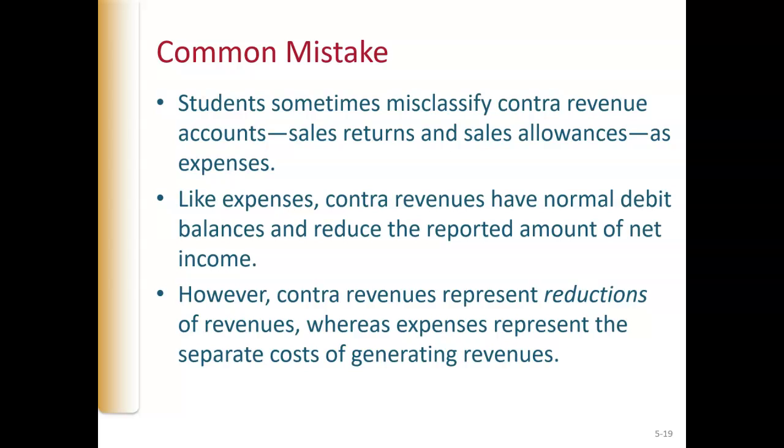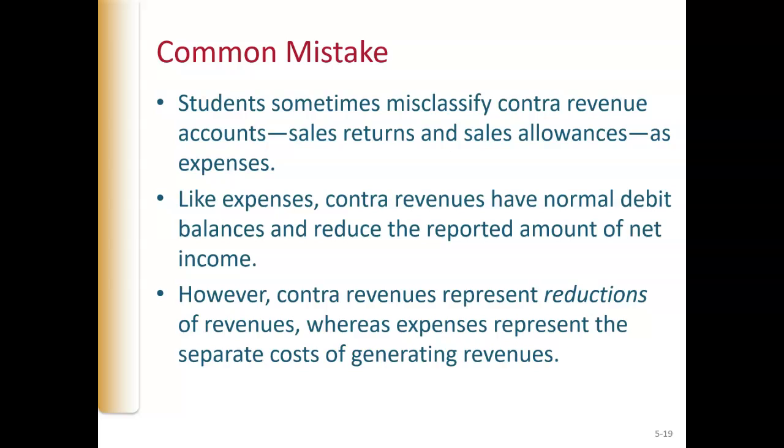They're contra accounts for the revenue. So when we have our revenues and then we see these contra accounts, it's going to create what we call net revenues. Like expenses, contra revenues have normal debit balances and ultimately reduce the reported amount of net income.